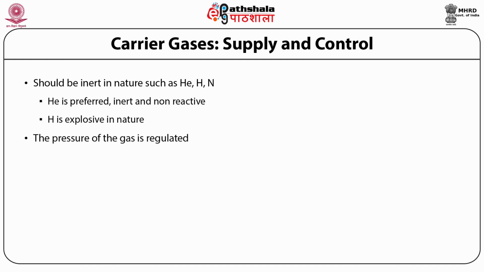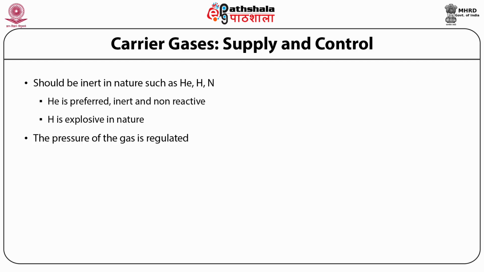Pressurized cylinders are readily supplied by vendors as steel tanks with a two-stage pressure regulator to regulate the gas coming into the instrument and then to supply the various parts of the instrument. The gas chromatograph has control mechanisms.